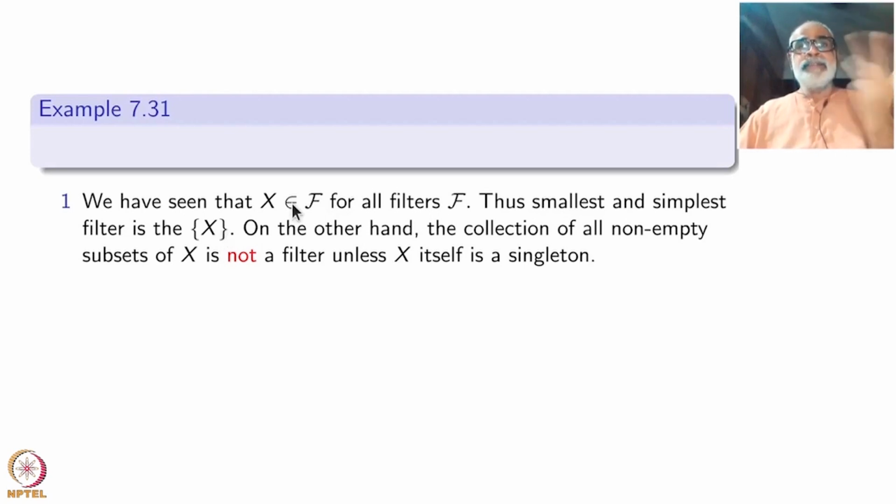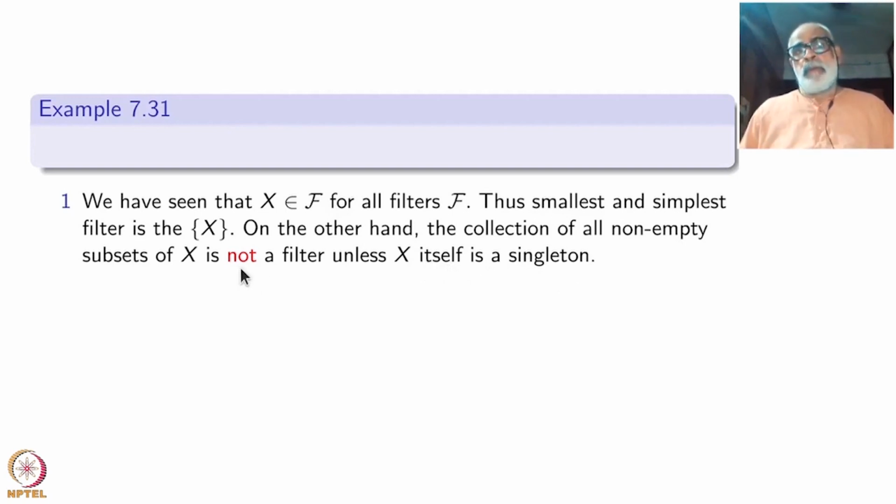Then {X} is a filter, because it has the finite intersection property and there is nothing bigger than that. So this is all. On the other hand, the collection of all non-empty subsets of X is not a filter unless X itself is a singleton.